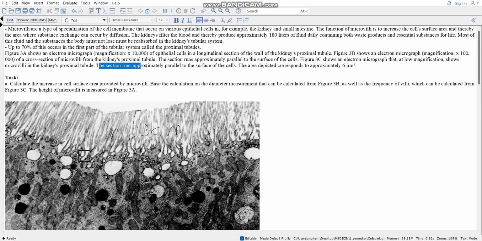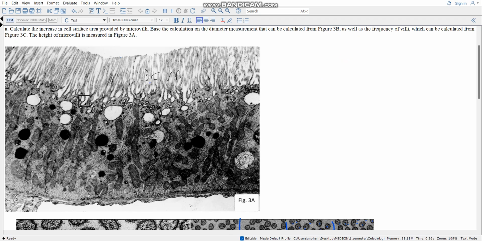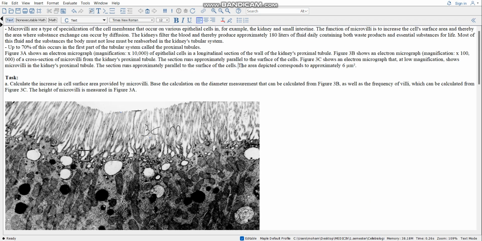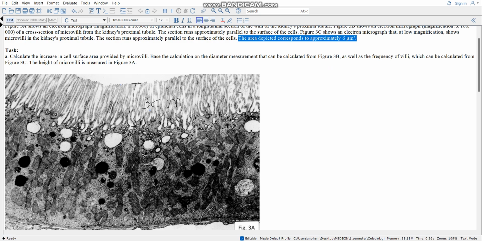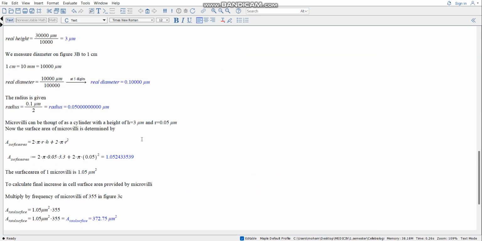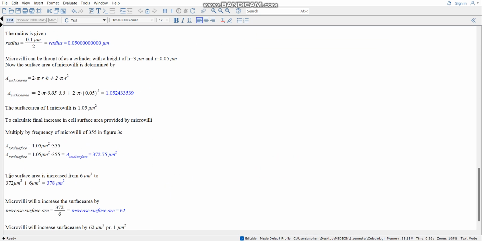However, they also tell us here that the section runs approximately parallel to the surface of the cells, so we're talking about figure 3c, and the area depicted corresponds to approximately 6 square micrometers. So the surface area is increased from 6 micrometers squared to this, so 378 square micrometers.